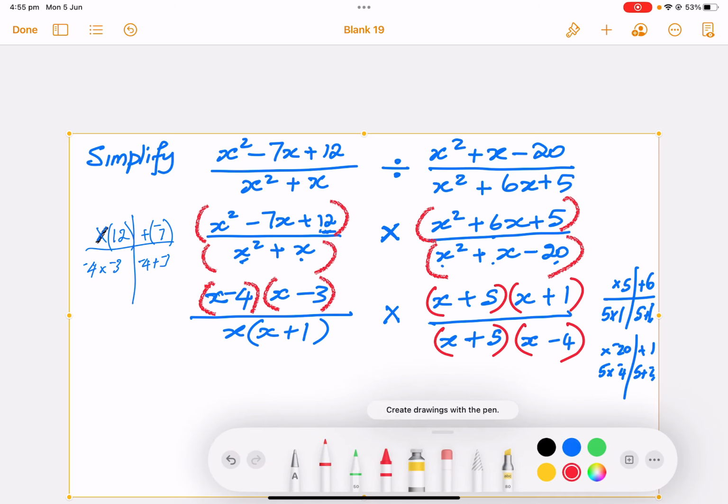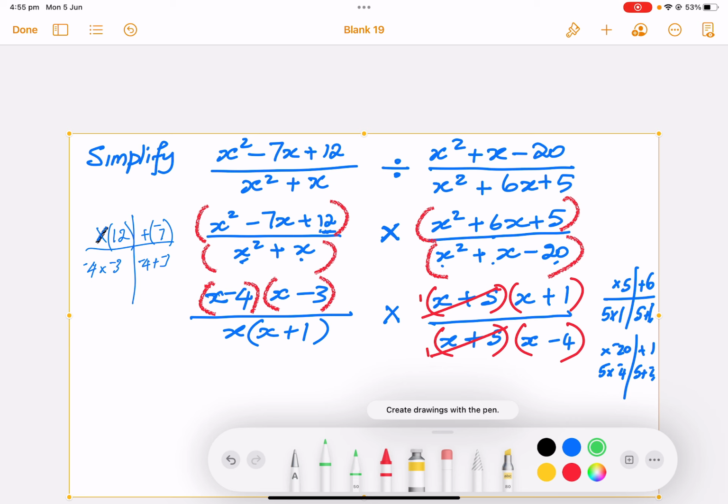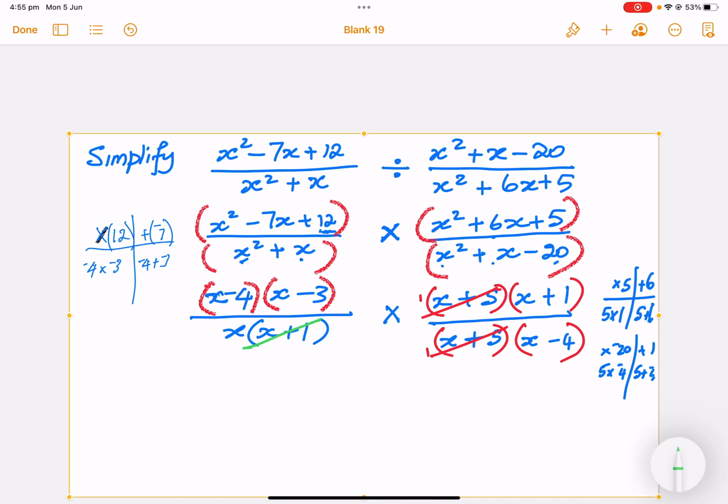Common factors. One factor from the top, one factor from underneath. Well, here's an easy one. x plus 5 cancels with x plus 5. That leaves 1 and 1. Change of colour, cancels something else. There's x plus 1 underneath and an x plus 1 on the numerator. They can be different fractions because it's multiplied. They can all push together to be one fraction if we want. We could have written all the 4 brackets on the numerator and x plus 1, x plus 5, x minus 4 on the denominator if we wanted to.